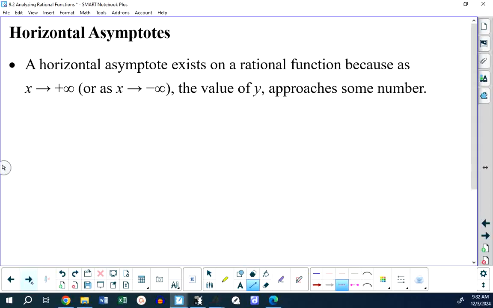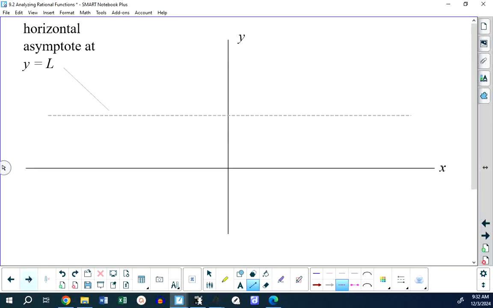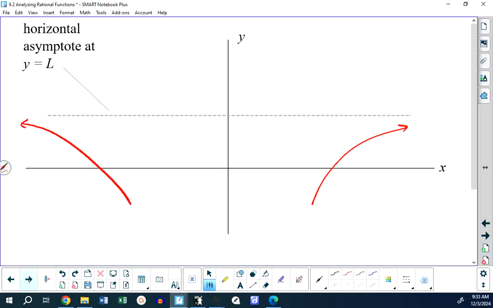And whatever number that is, that's where the horizontal asymptote is. So, for example, if you had a graph that looked like this, and this is at y equals 4, I'm just using L in general, then you have a horizontal asymptote at y equals 4.